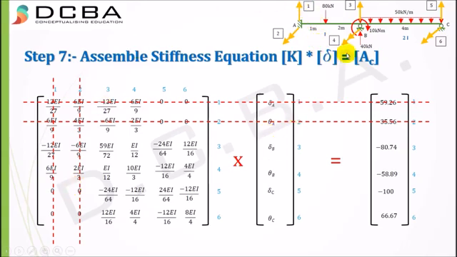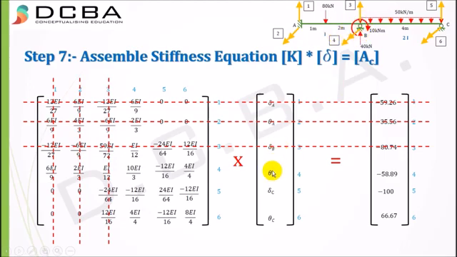Now delta B, again this is a roller support, and there is no vertical displacement for a roller support. Therefore 3, 3. Theta B will occur because this is a roller support, and once it is deflected, there will be some rotation at this point.